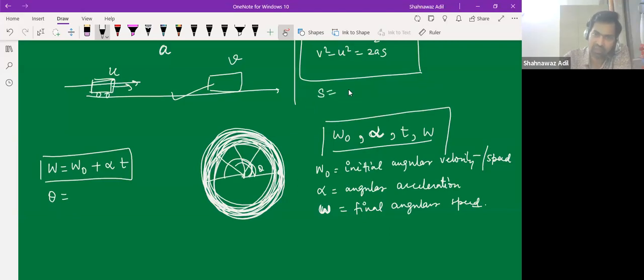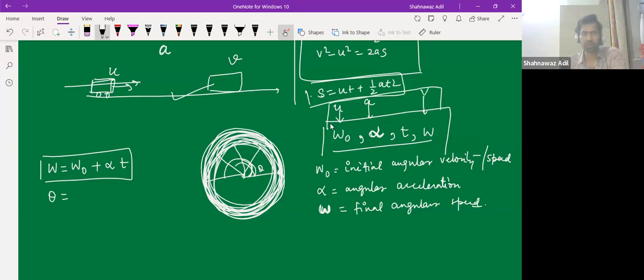S was ut plus half a t square. So if we take the analog from here, this is our u, this is our a, this is our v, in rotational analog. So what would be in here?